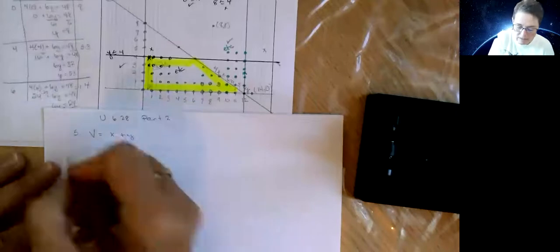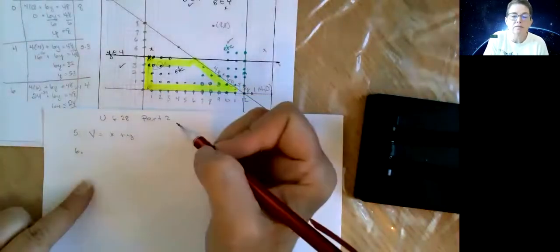Then it says determine the values of the objective function. The trick is to figure out the value at every corner. Keep it up so you can see. All right, we need the coordinates of our corners.